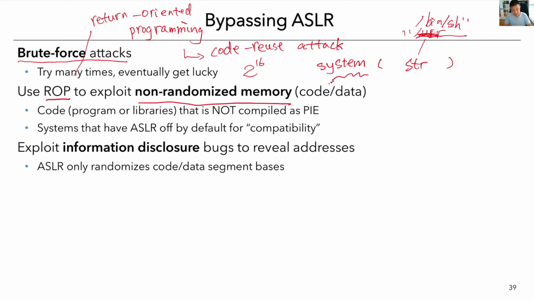Systems can also have ASLR off by default for compatibility. But this was the situation a few years ago. When Windows first introduced ASLR, they turned it off by default to be compatible with all kinds of applications.